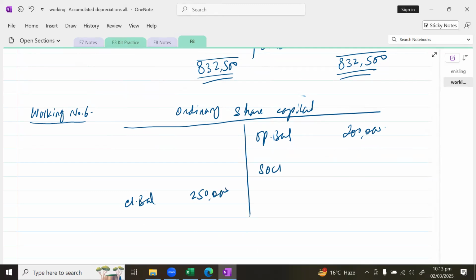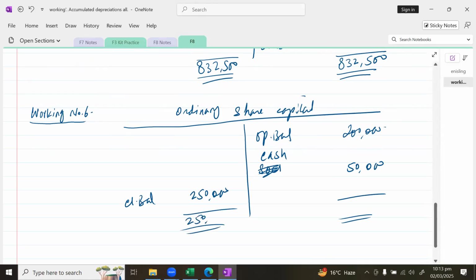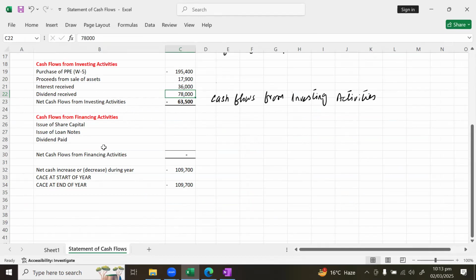So cash will be 50,000. The proceeds from issue of shares are 50,000. Working 6.